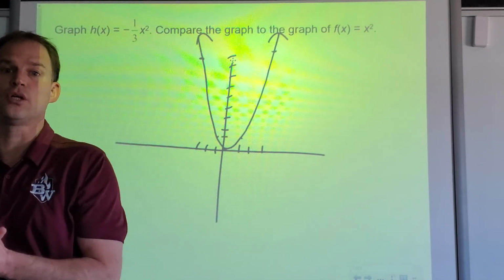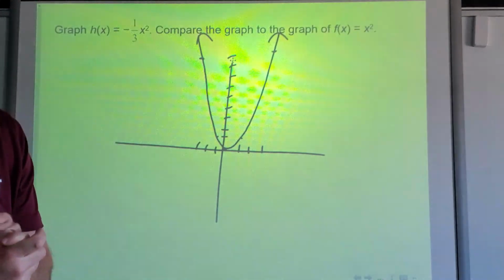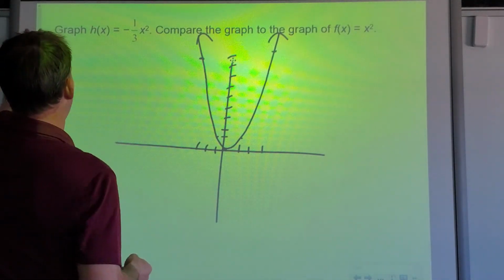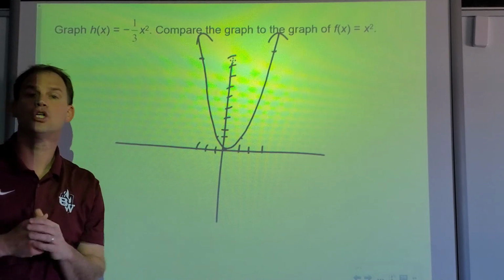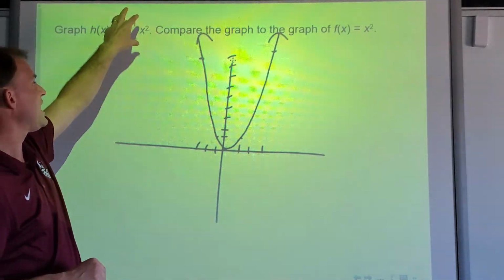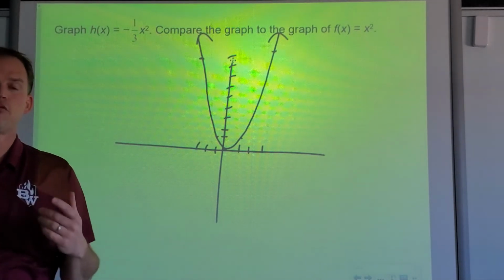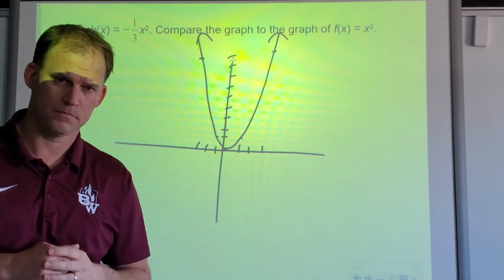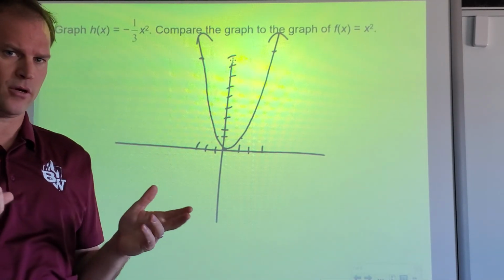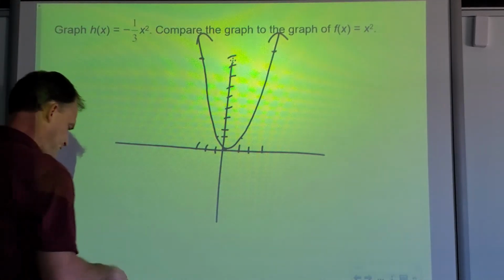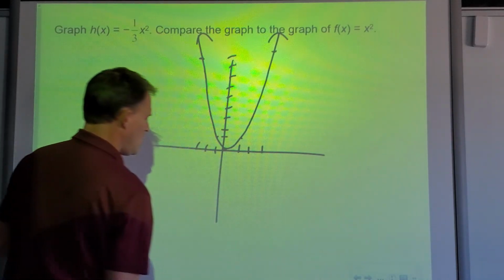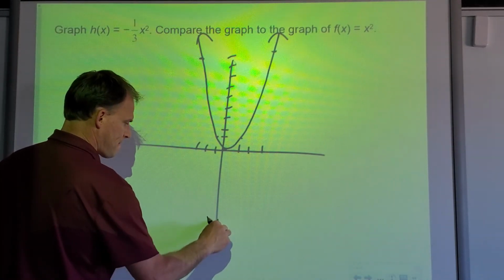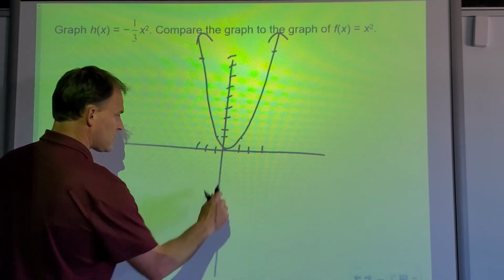You'll get real good at sketching that parent function out, all right? So, I have this graph. What is going on if I put a negative 1/3 in front of that graph? How is it going to affect the parent function? So, first thing I want to look at, it's going to flip it.